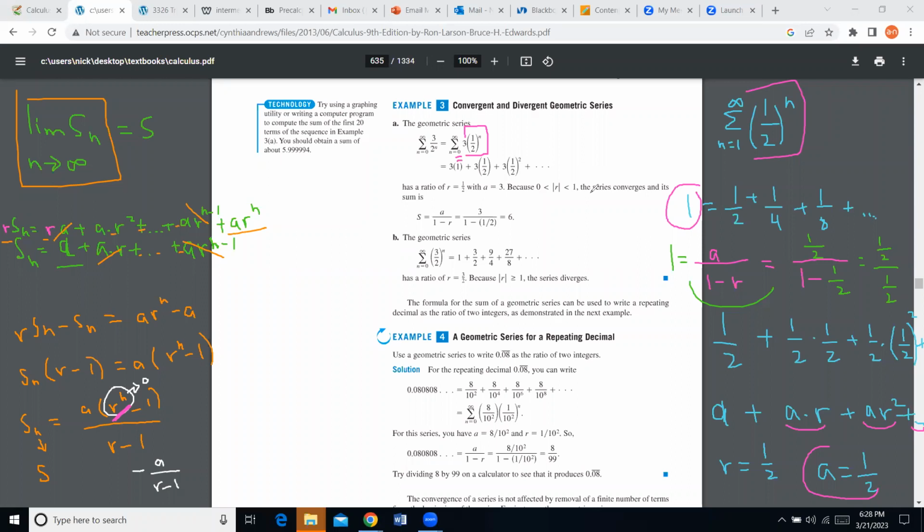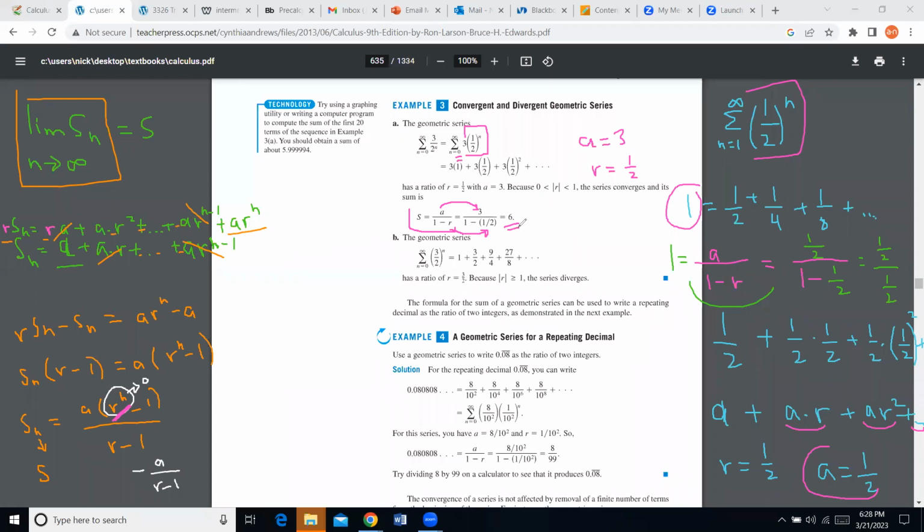But anyways, the point of the story: to get that sum, you need to know the first term, which is 3 here, and the ratio, which is 1/2. And once you plug this in the formula, for the ratio you use 1/2, and for the first term you use 3, then you get the answer right away.